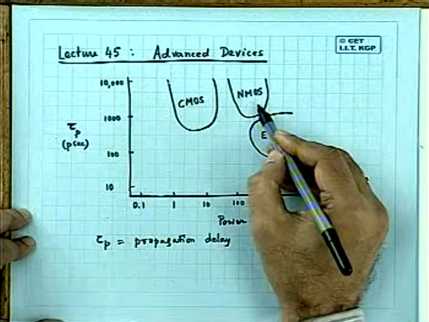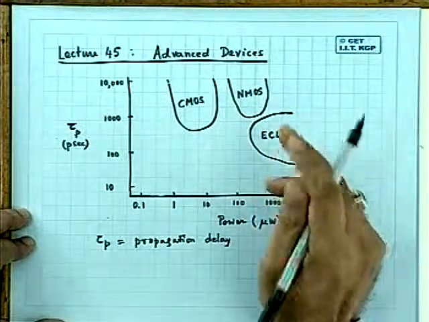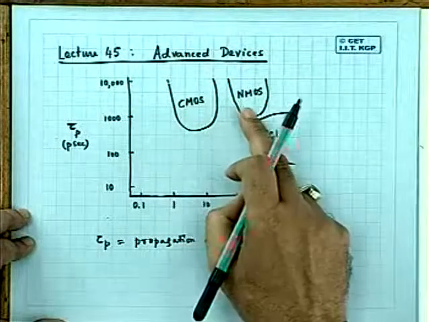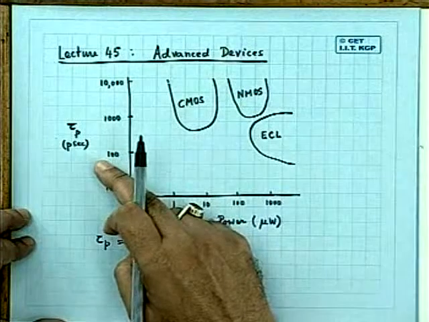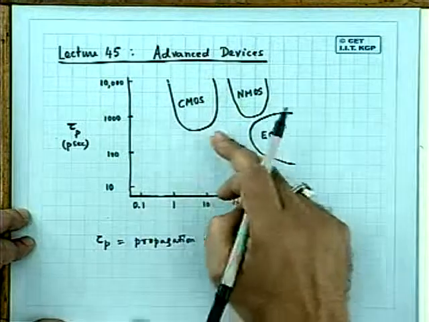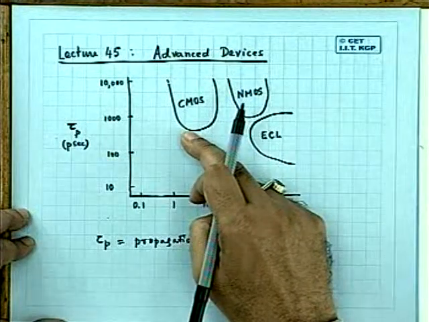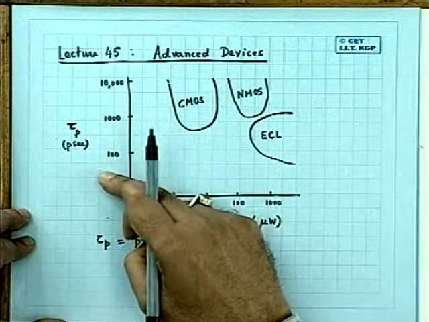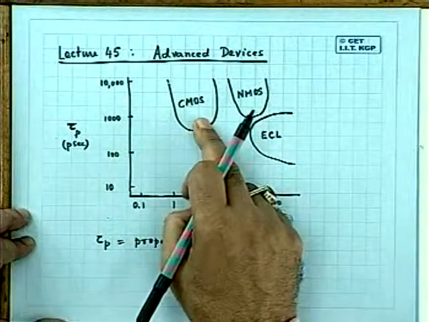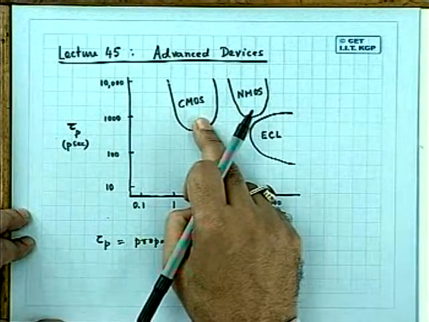Intrinsically, please remember that for the same feature size, CMOS is inferior to NMOS so far as speed is concerned. However, power dissipation in CMOS is always less. Thus, the power delay product in CMOS is very small. That is a positive point for CMOS from the very beginning of the technology.